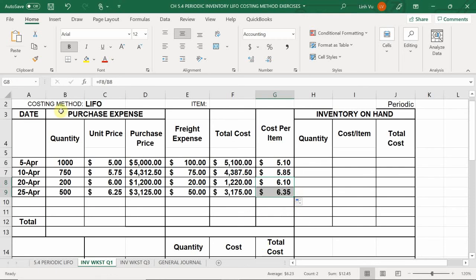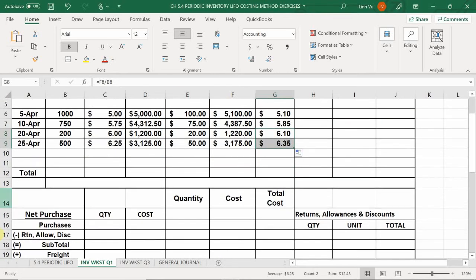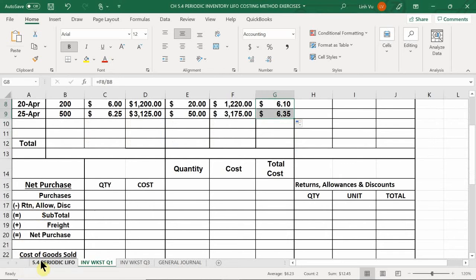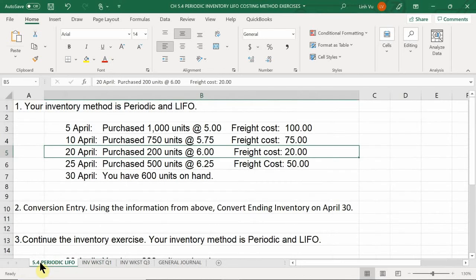Okay, so here's your list of inventory items. You have the quantity, the total cost, as well as the cost per item. Because we reached the end of the accounting period, we were given that we had a total of 600 units on hand.